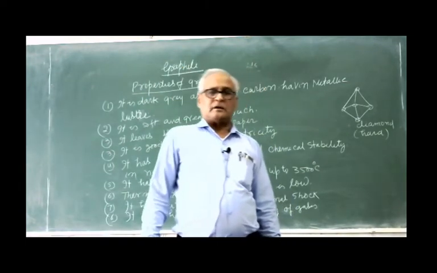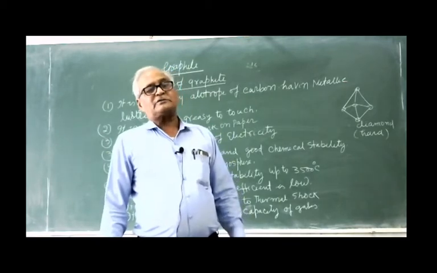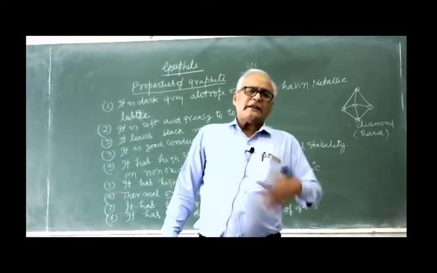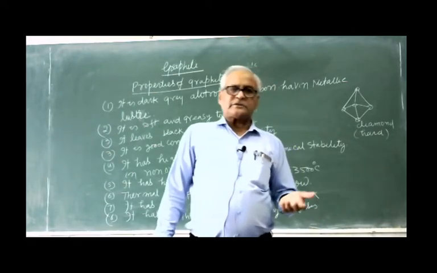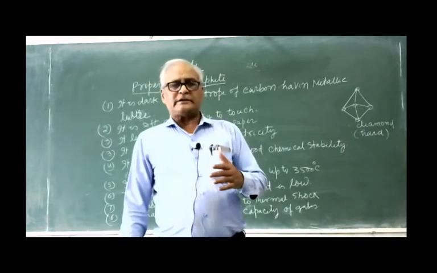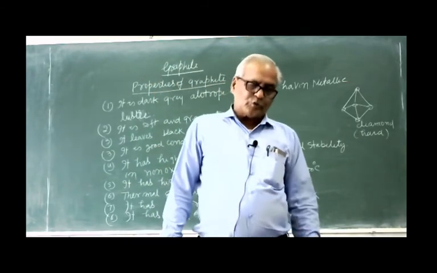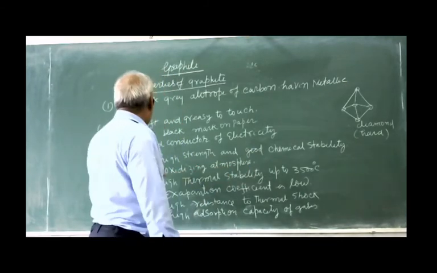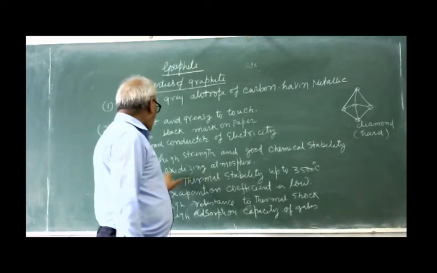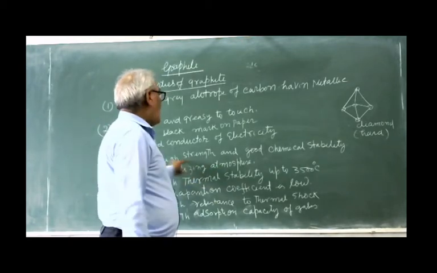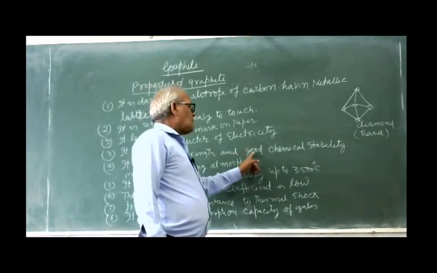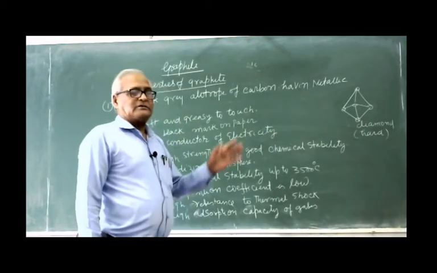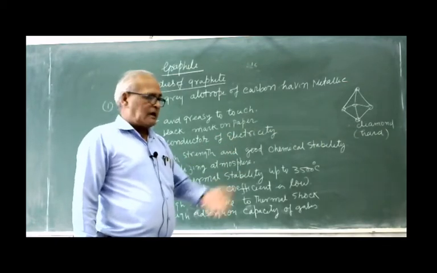Non-oxidizing atmosphere means absence of air, absence of oxygen, or any chemical substance which has oxidizing character. So in presence of non-oxidizing atmosphere, graphite has chemical stability, means it does not interact chemically.